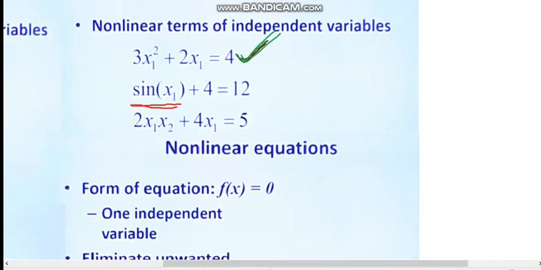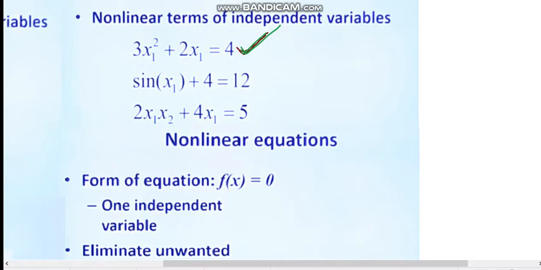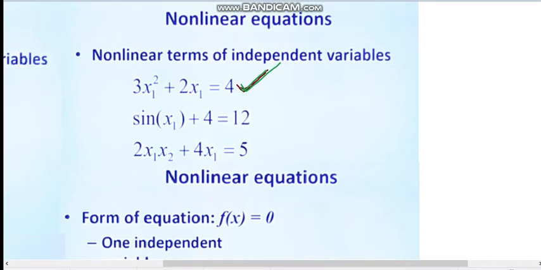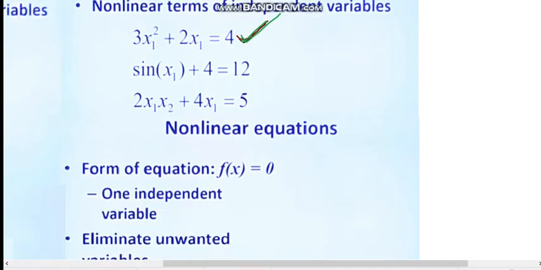Or if you have a product term in your equation, like two independent variables multiplied together, then also this becomes a nonlinear equation. So in these cases, we need to find an alternative method to solve these equations numerically. We cannot use the matrix method for equations that have some kind of nonlinearity.